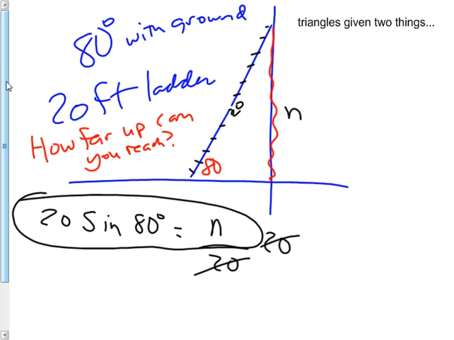It's like almost straight up. Now how high can you reach? Figure it out. Ladder's still 20, but you're going to squeeze the angle to 87 degrees, almost straight up and down.